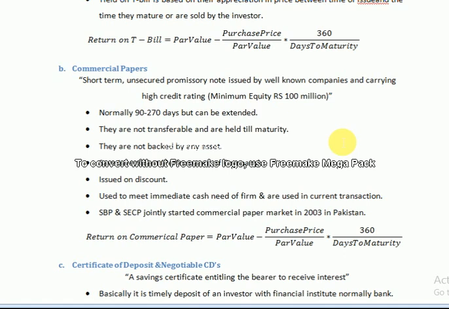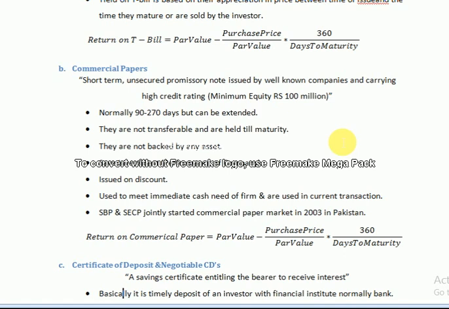So when they issue these commercial papers, investors will make investments. But when companies without a good rating issue commercial papers, investors do not have trust in them and will not invest as compared to the high-rated company. So these commercial papers are not backed up by any kind of assets.